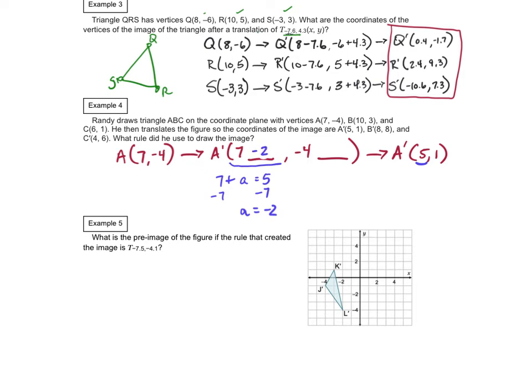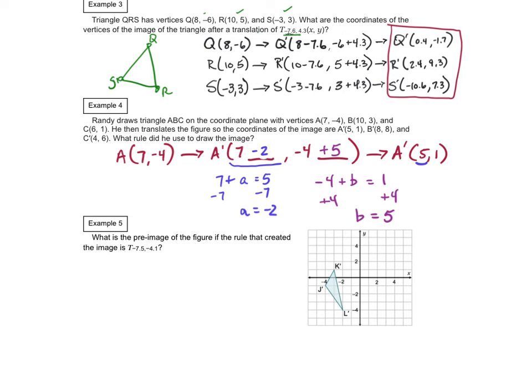And then I have my Y value, so I have -4 plus B equal to 1, and if I add 4 to both sides, B is going to be 5, so my Y value moved 5. So I can say that value is plus 5.